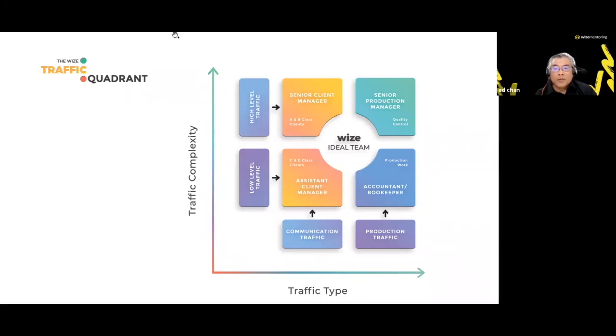So the senior production manager just gets the work done, he reviews it, pushes the work down to the accountants to get the work done, dots the I's, crosses the T's, hands it to the senior client manager who's communicating with the clients, and he or she goes and calls the client up, either has a face-to-face meeting with them, or a Zoom meeting with them, and explains the results to them.